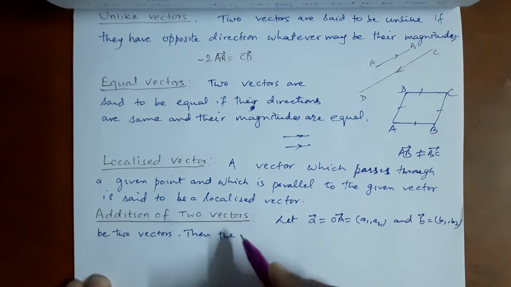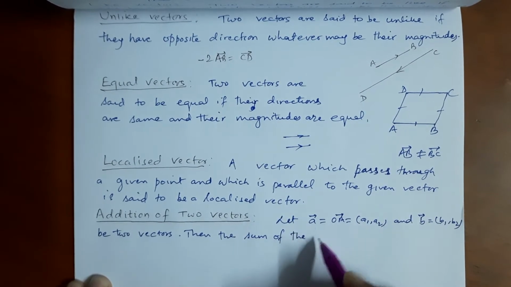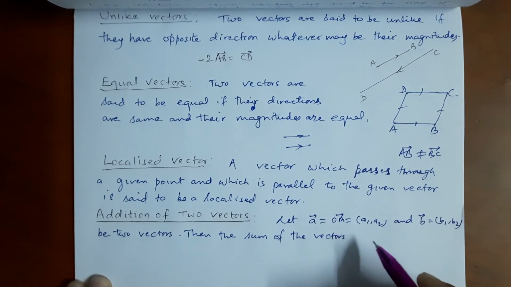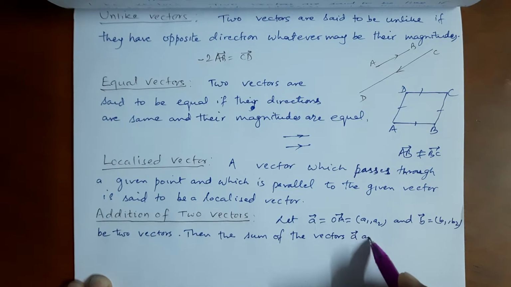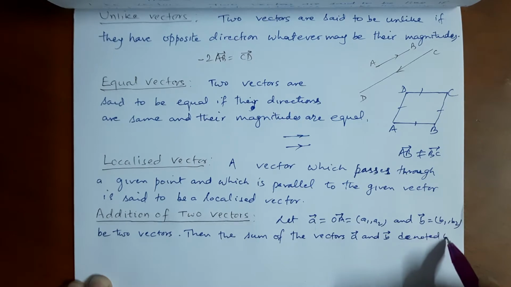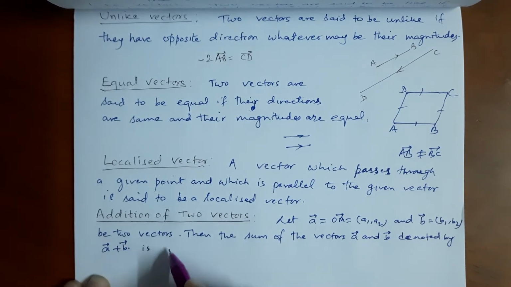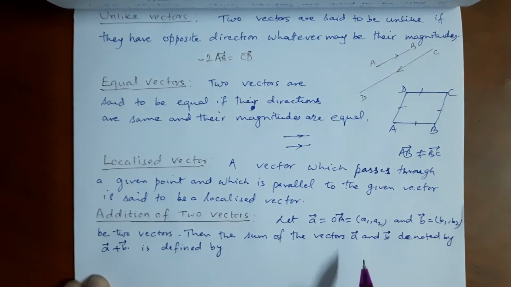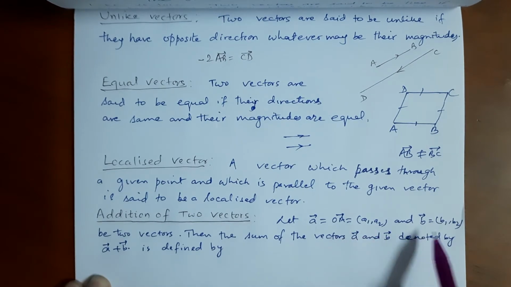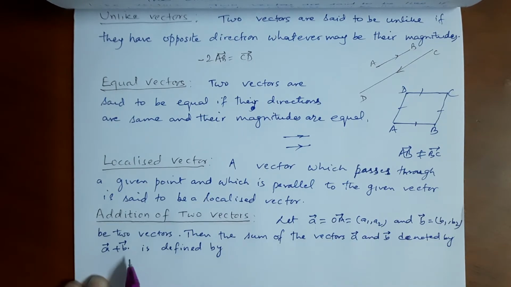Then the sum of the vectors A and B, denoted by A plus B, is defined by, okay, so here two vectors, vector A equals (A1, A2) and B equals (B1, B2) are there, and we have to find the sum of these two vectors.